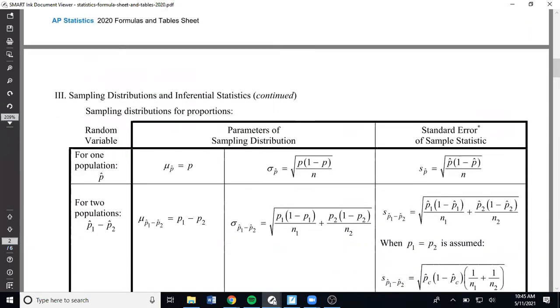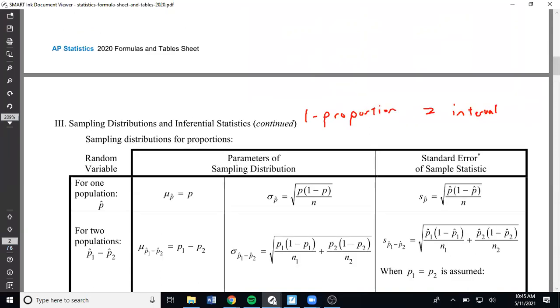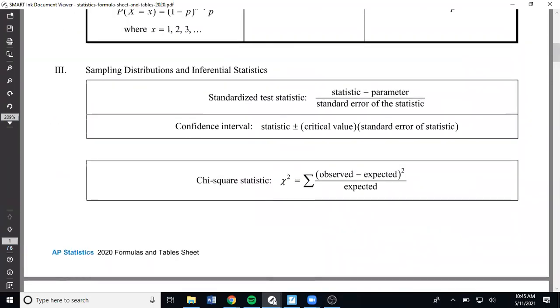let's do a one proportion Z interval. To do a one proportion Z interval, first off, since it's a confidence interval, it should be using this format. It should have the plus or minus in it and all that.